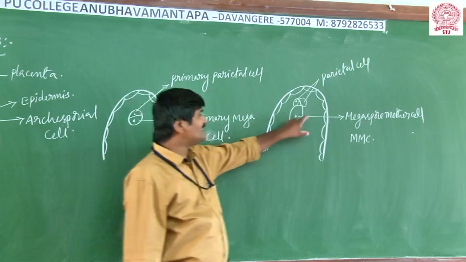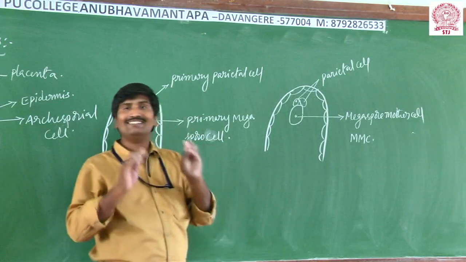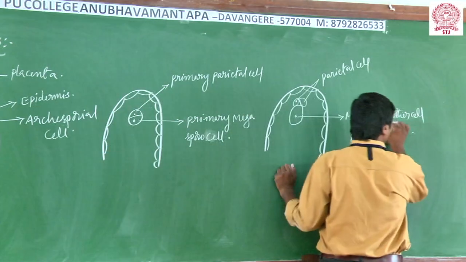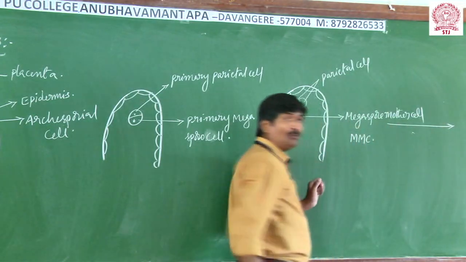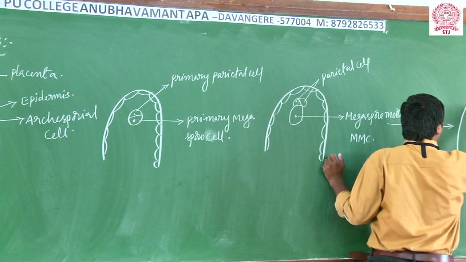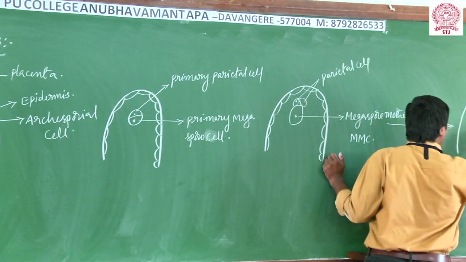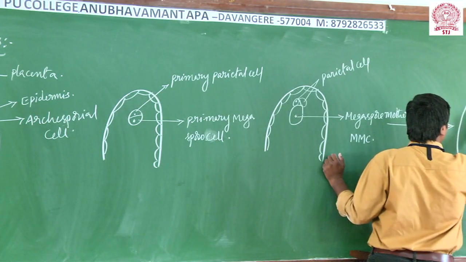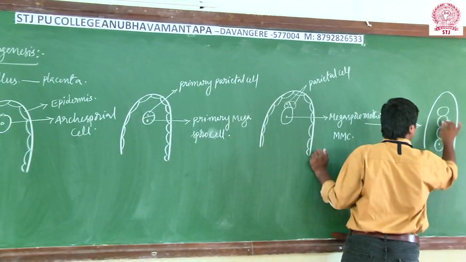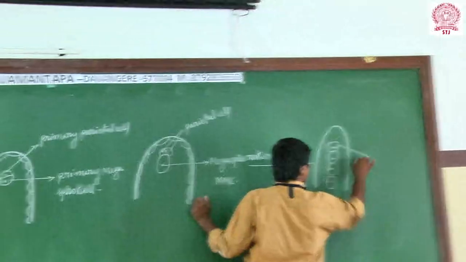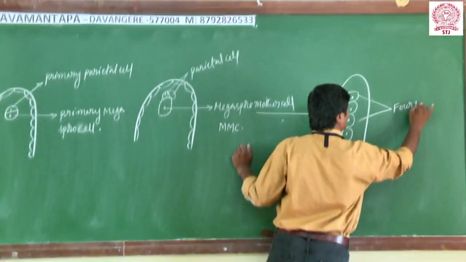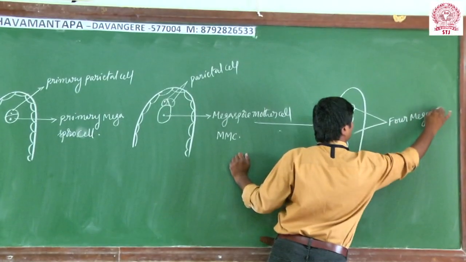Further, this megaspore mother cell undergoes meiotic cell division and gives rise to the 4 linear megaspores.